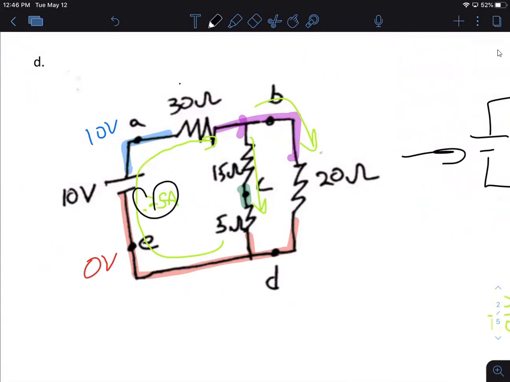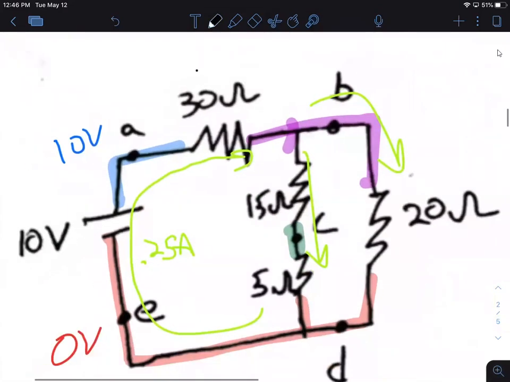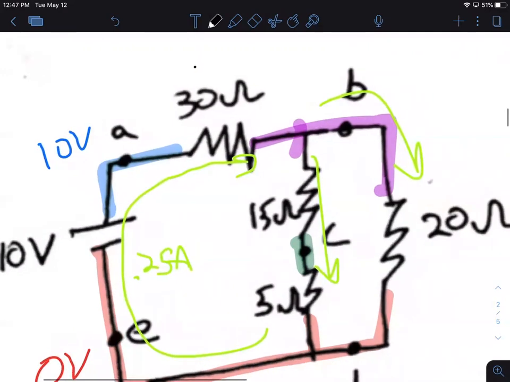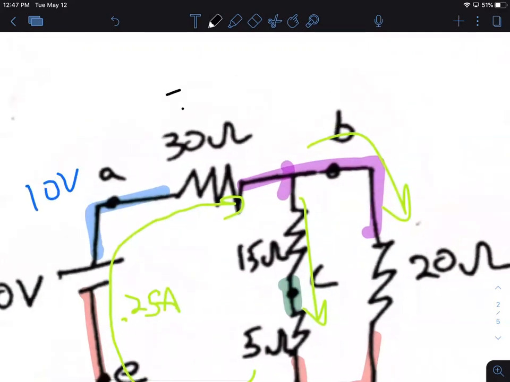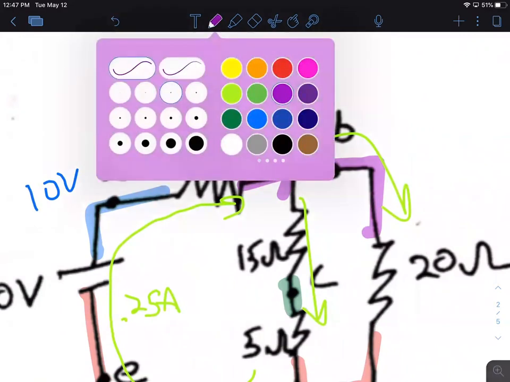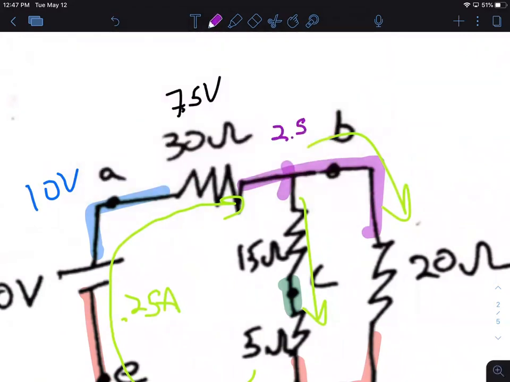So, 0.25 amps going through 30 ohms. 30 times a quarter is 7.5 for its delta V. 7.5 volts. Start with 10, lost 7.5, have 2.5 remaining.